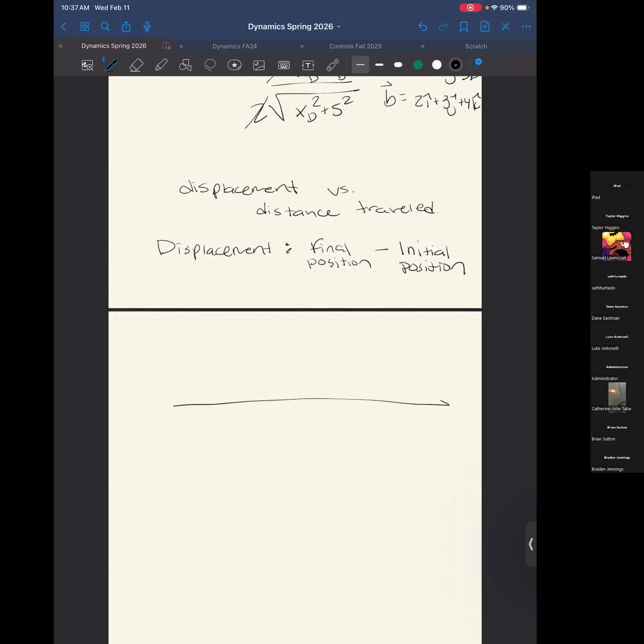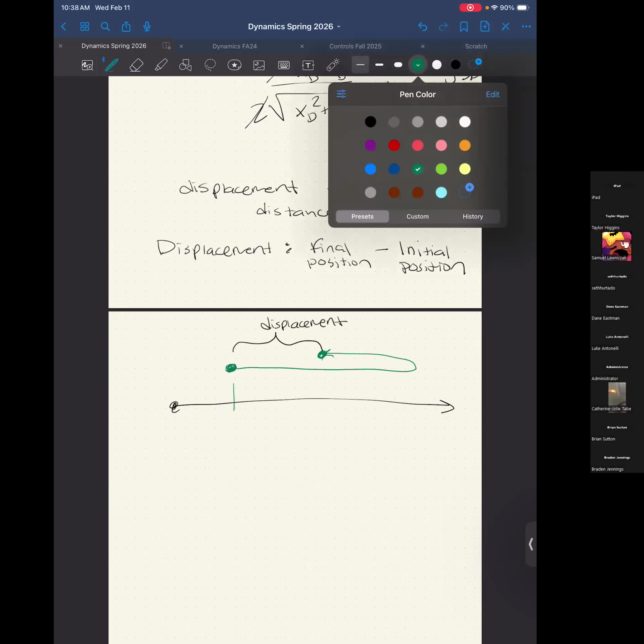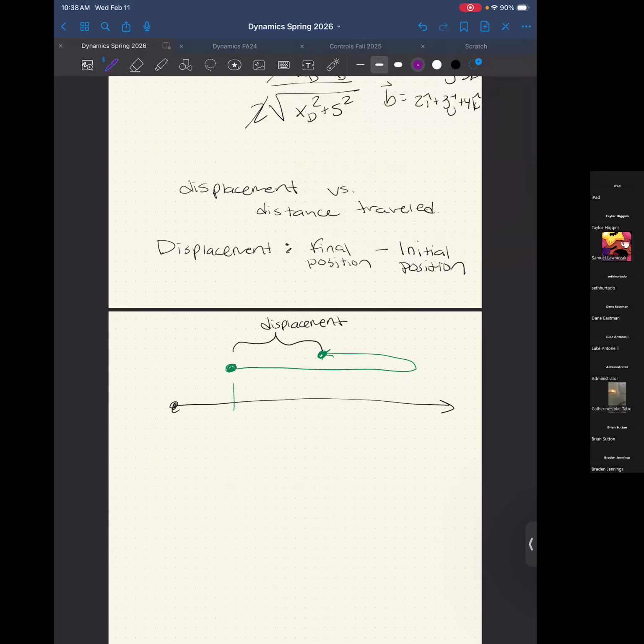If you have a particle that's moving along this axis, and it starts here, and it goes this way, and then it turns back this way, and it stops here, this is your displacement. But your total distance traveled is the entire length of this green curved line, right? It goes from here to here, plus here to here.